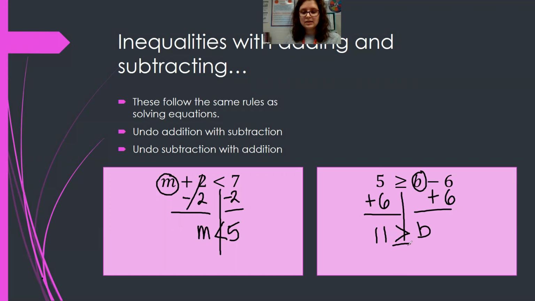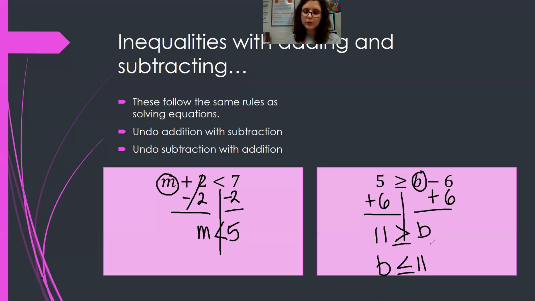We would like to reverse this so that the b is on the left-hand side, and we do that by swapping the two and then looking at what the open side of my inequality is facing. It's facing the 11. So I need to make sure it's still facing my 11.